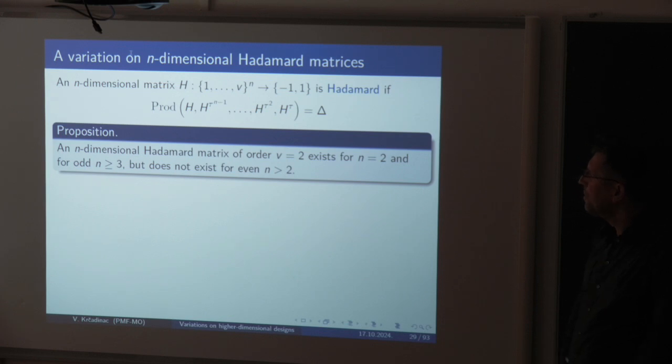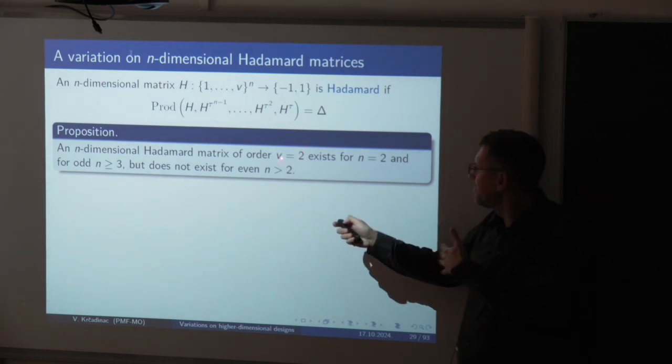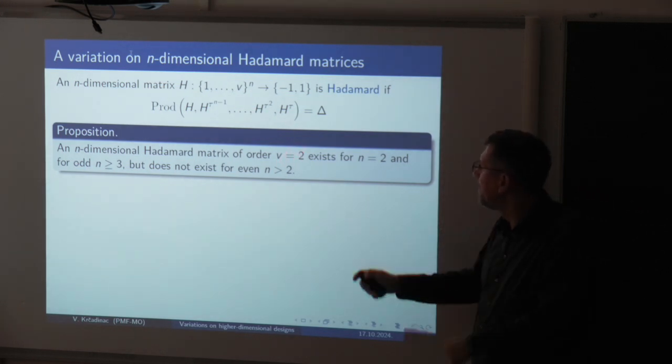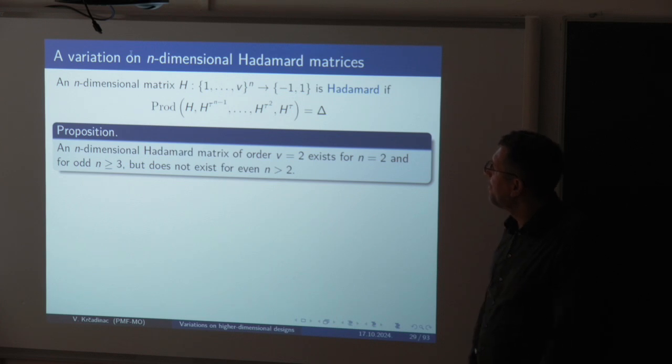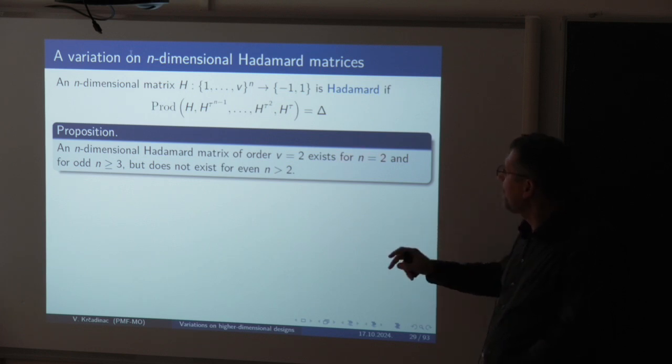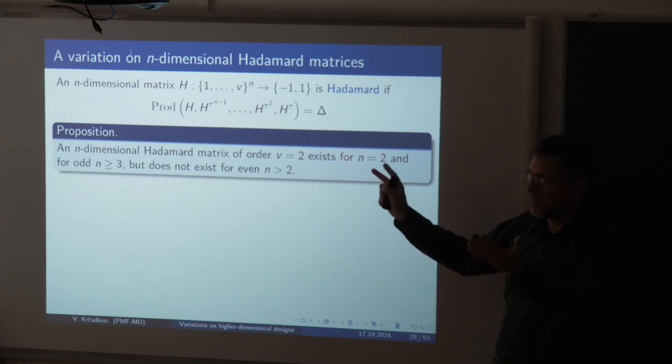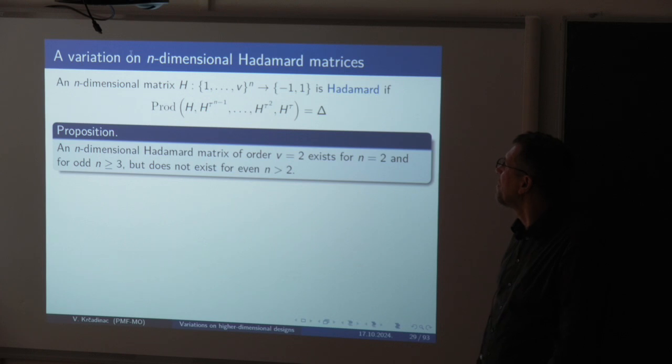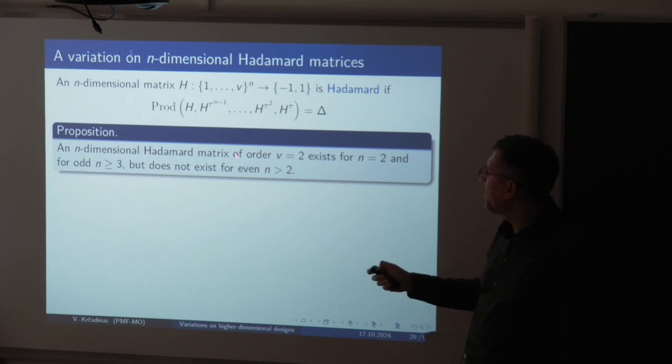So, for example, for the smallest possible non-trivial order, 2, what Edina and his co-author Yuval Filmus proved is that they exist, of course, for n equal 2, because for dimension 2 it's all the same Hadamard matrices. But they don't exist for even dimensions other than 2.